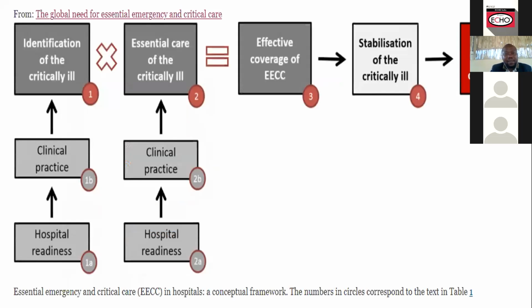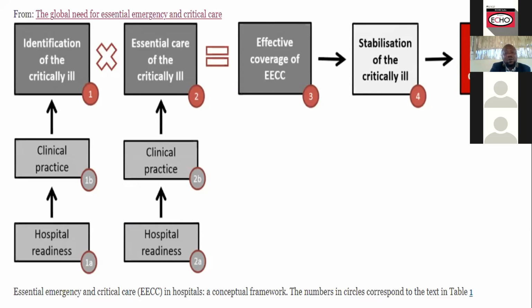With those protocols, as we are saying, you have to identify the critically ill patient. With this identification, times the essential care of the critically ill, this means what? You identify the patient and manage the patient early, with early intervention.